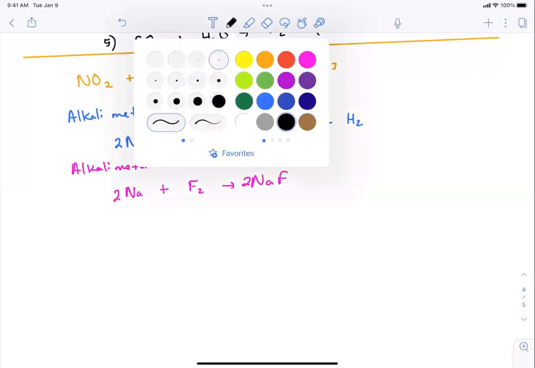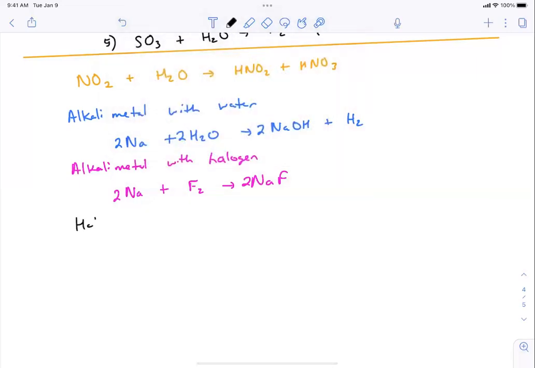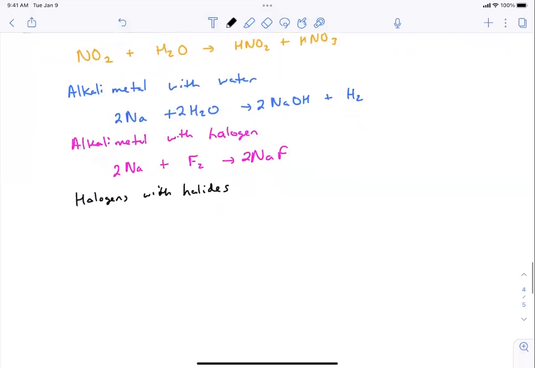The last one is halogens with halides. Because remember, halides are the ion of a halogen, and a halogen is an element. So you might see something like this: F2 plus NaI yields NaF plus I2. That's single displacement.